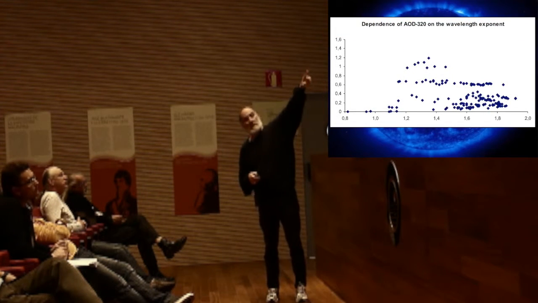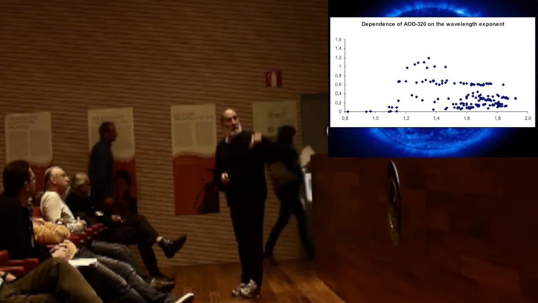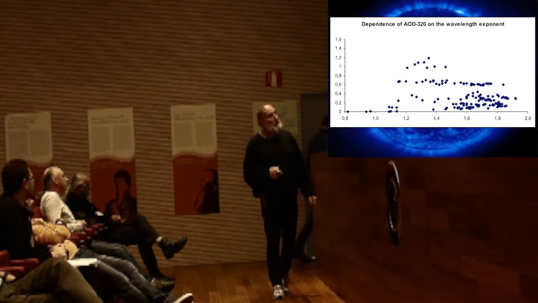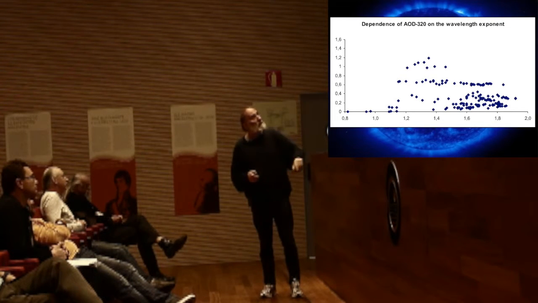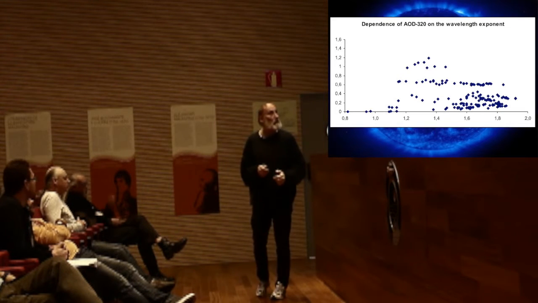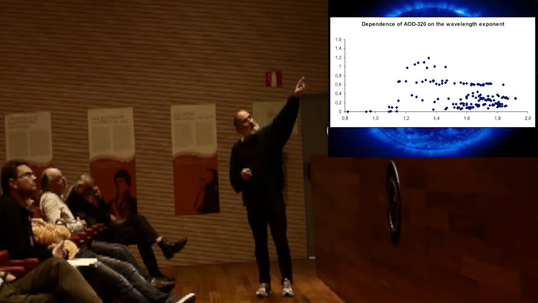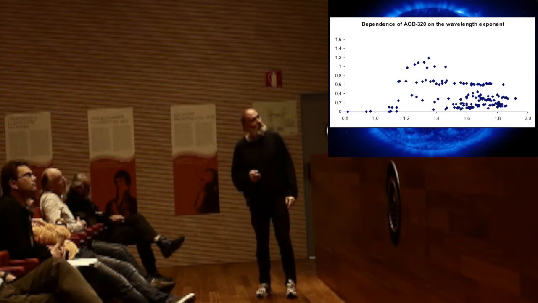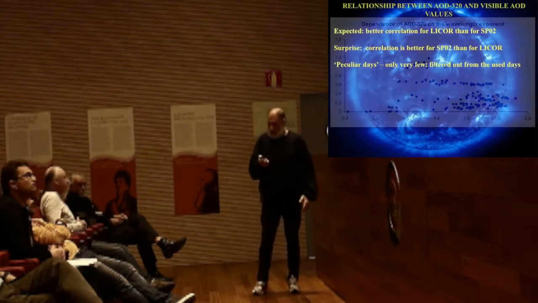This empty part means that period was cloudy. You see that alpha values were also low. It means large particles. And it's interesting that Brewer started to detect the large values earlier, and the LICOR practically didn't detect.